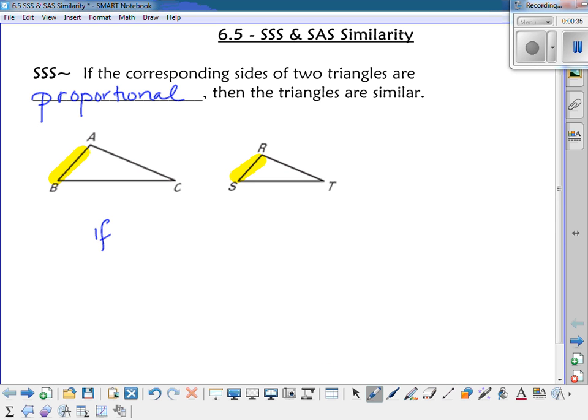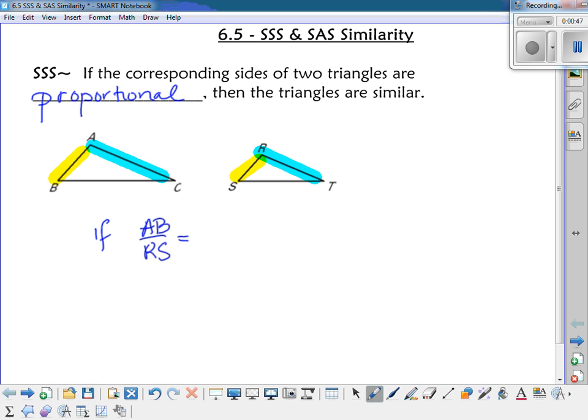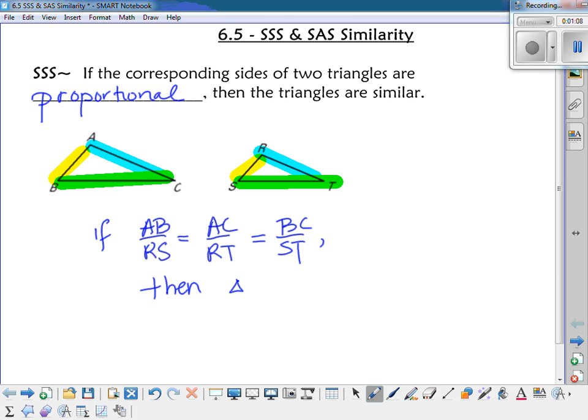So if AB over RS is equal to AC over RT, and also equal to BC over ST, then I know that triangle ABC is similar to triangle RST by side, side, side similarity.